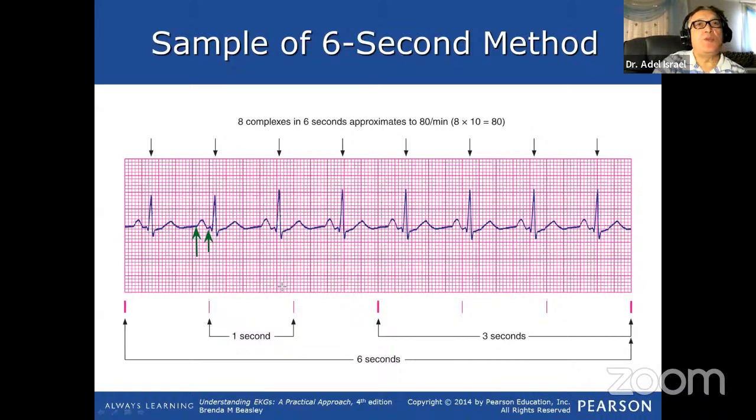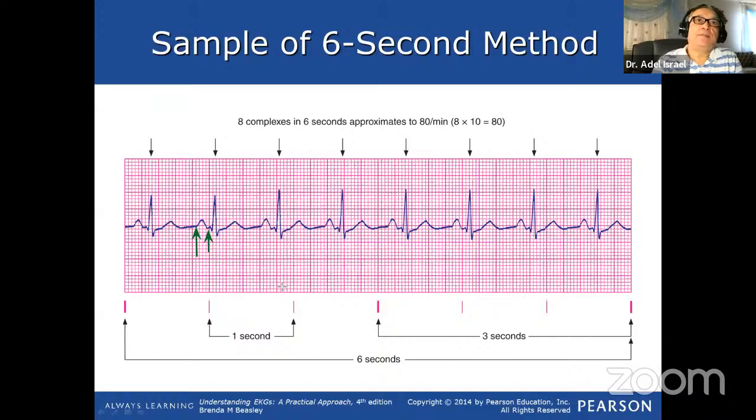So between these 2 arrows, you can count how many small squares. You find that there are 4 small boxes. And we know from the previous lecture that the small box time is 0.04 second. So I multiply 0.04 times 4. It will be 0.16 second. This means it is within normal distance or normal time.